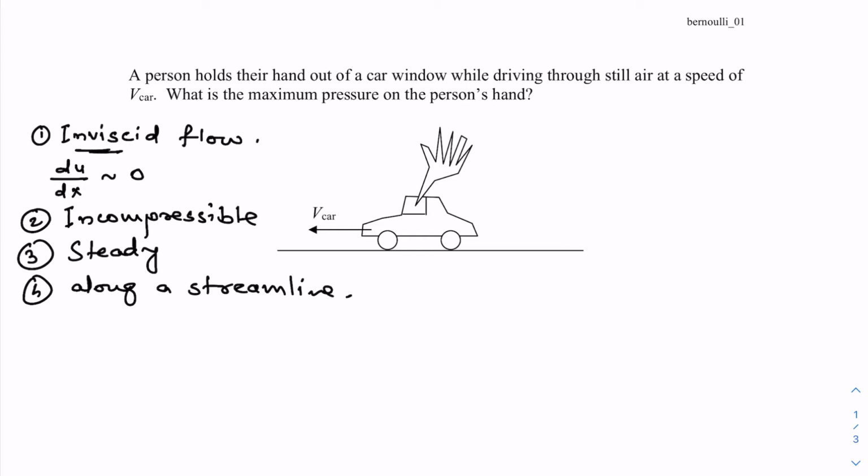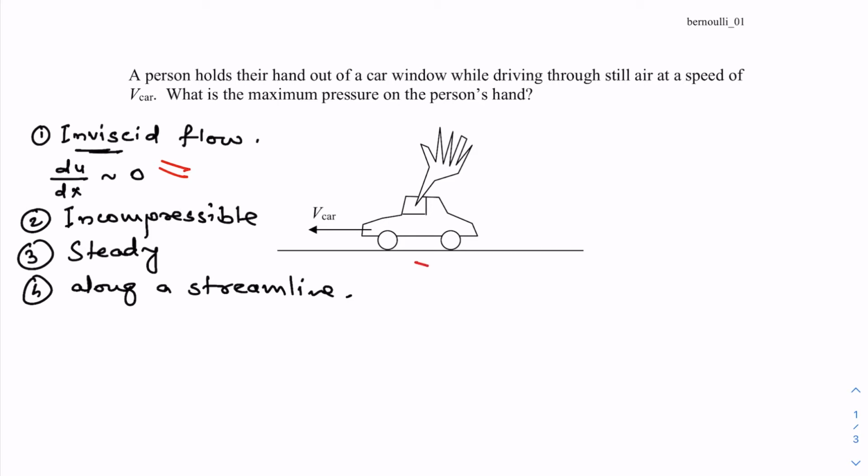So here, since the car is moving with a constant velocity, you can imagine the velocity gradients are zero because we have a constant velocity, and the air can be assumed to be incompressible if its Mach number is below 0.3.